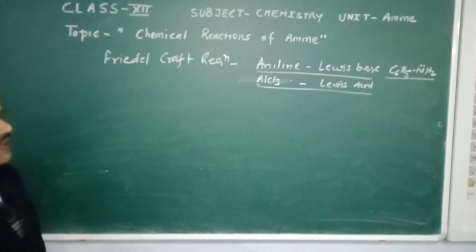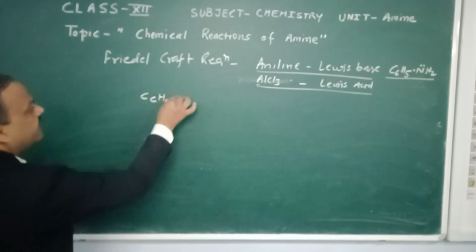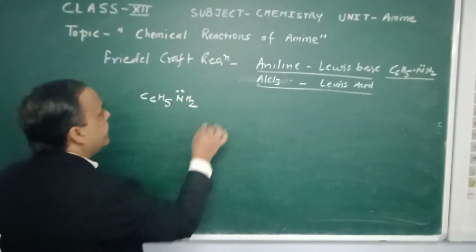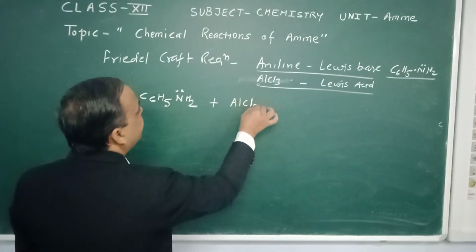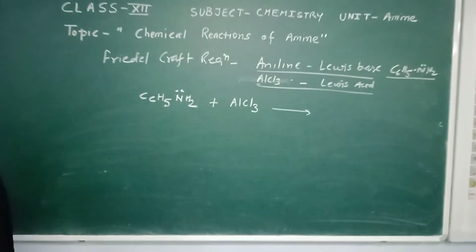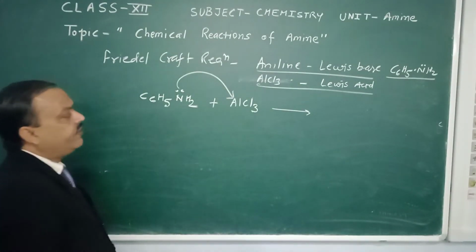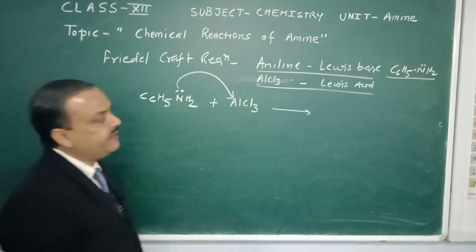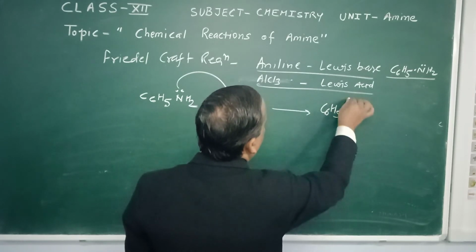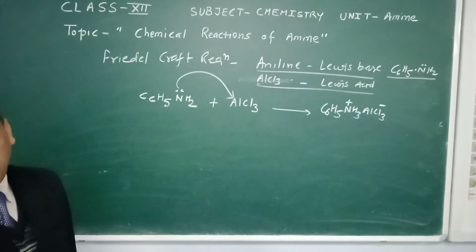When the reaction takes place between them, aniline C6H5NH2 reacts with aluminium trichloride, which has a deficiency of electrons. The lone pair of nitrogen transfers towards the aluminium, and we have C6H5NH3 plus AlCl3 minus as a salt.